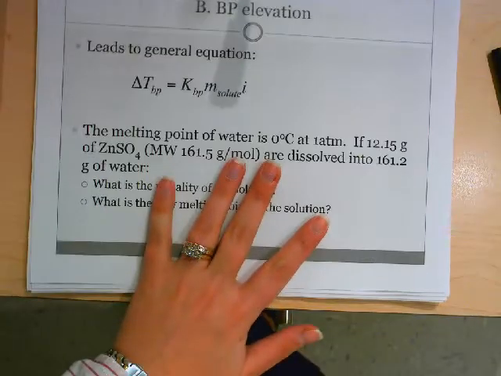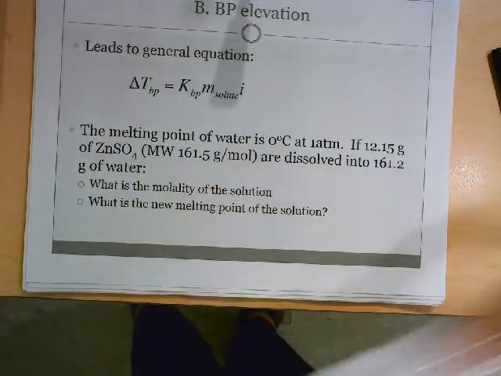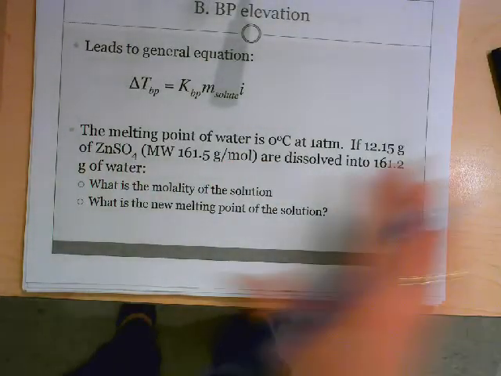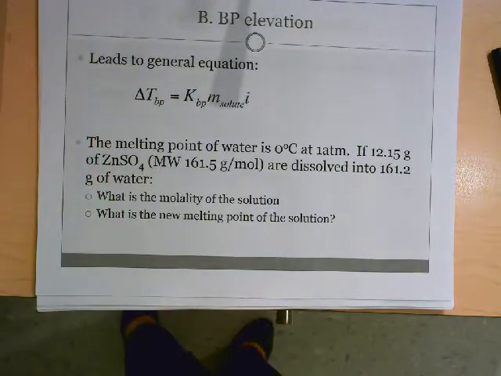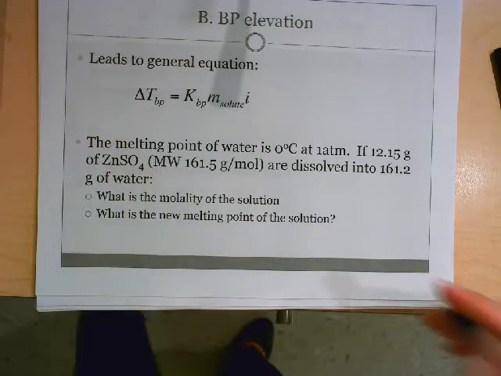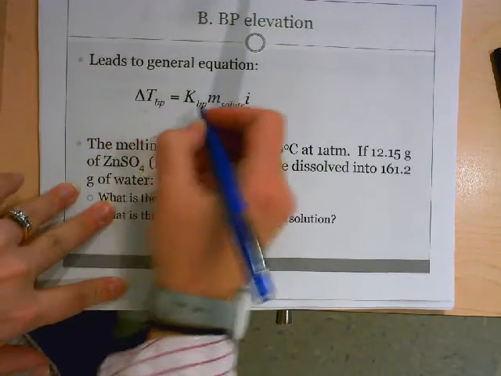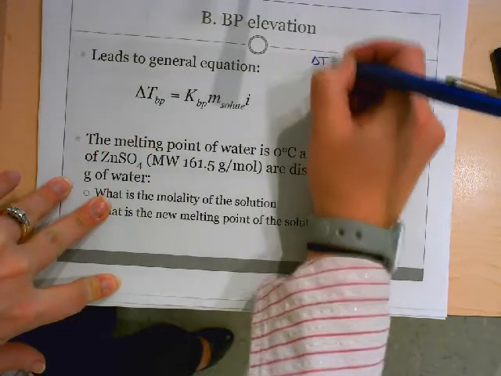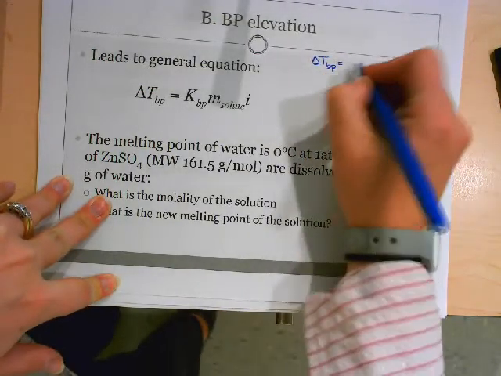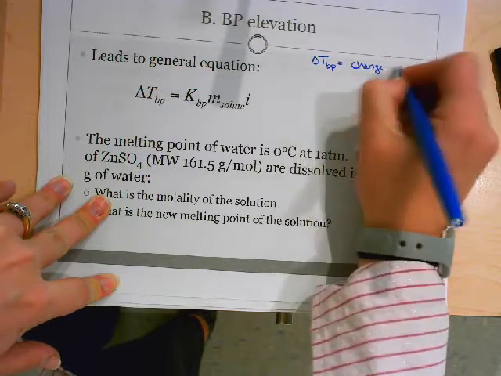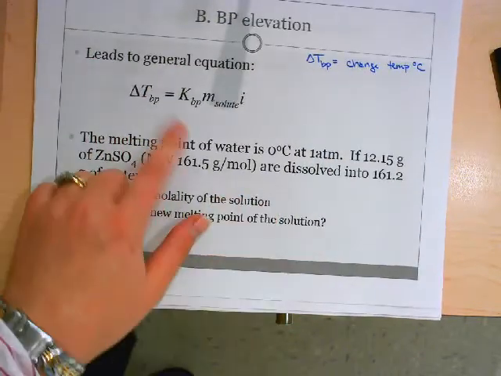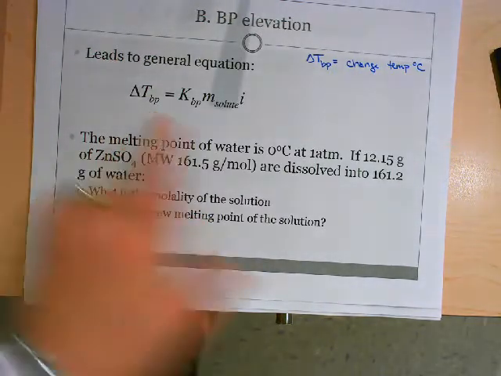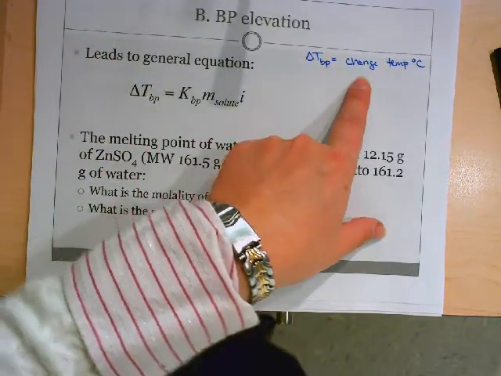So here is our general equation for how to solve for boiling point elevations, which I think is the exact same equation they have in your lab manual for this week. Alright, so here we have delta T, lowercase boiling point, is going to be our change in temperature used in degrees Celsius.